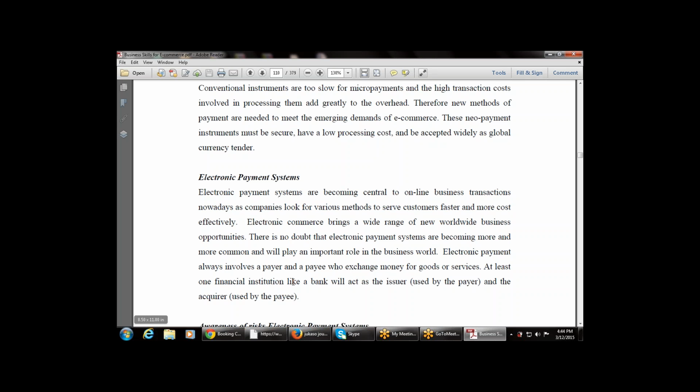At least one financial institution like a bank will act as the issuer and the acquirer. That is, one person doing the e-commerce transaction acts as the payer and another acts as the payee.